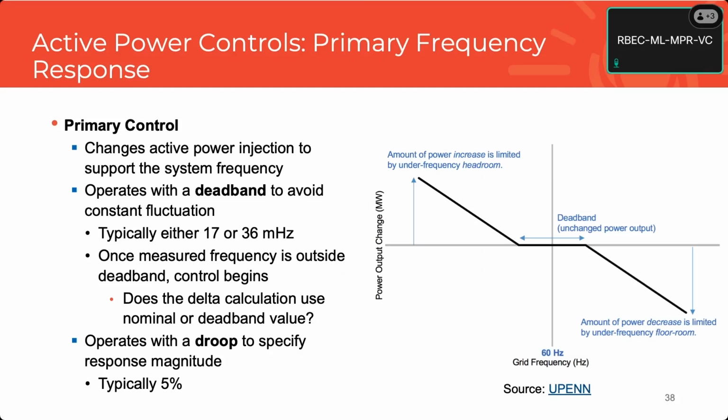And as soon as the frequency hits that bottom limit, 59.5, let's say it'll be out here, everybody has to be changing their power by a certain per unit amount. And that amount that they change will be governed by this slope. And the same in the other direction. All right, back to you.